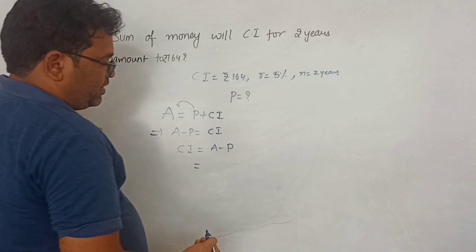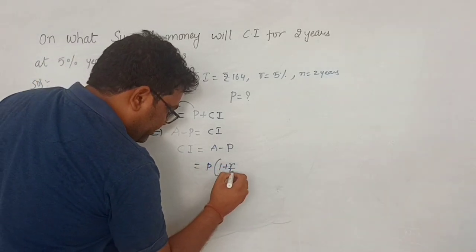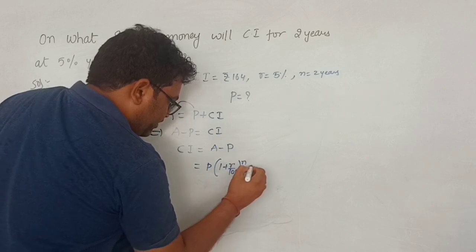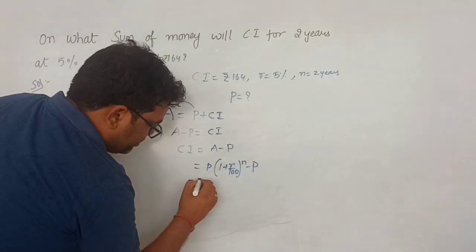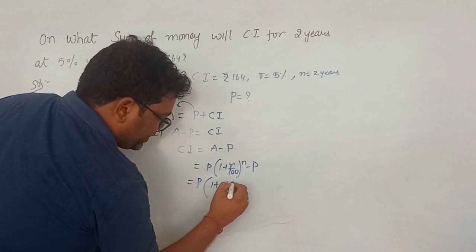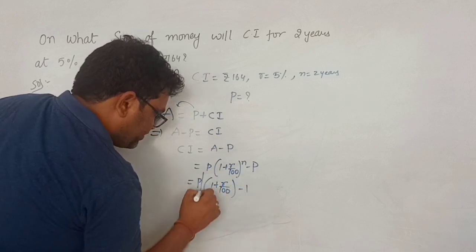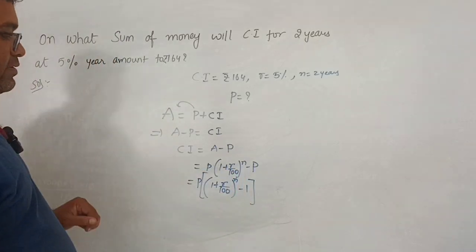What is the A formula? A formula is P into 1 plus R by 100 whole to the power of N, minus P. If you take P as common, you will get 1 plus R by 100 whole to the power of N, minus 1.